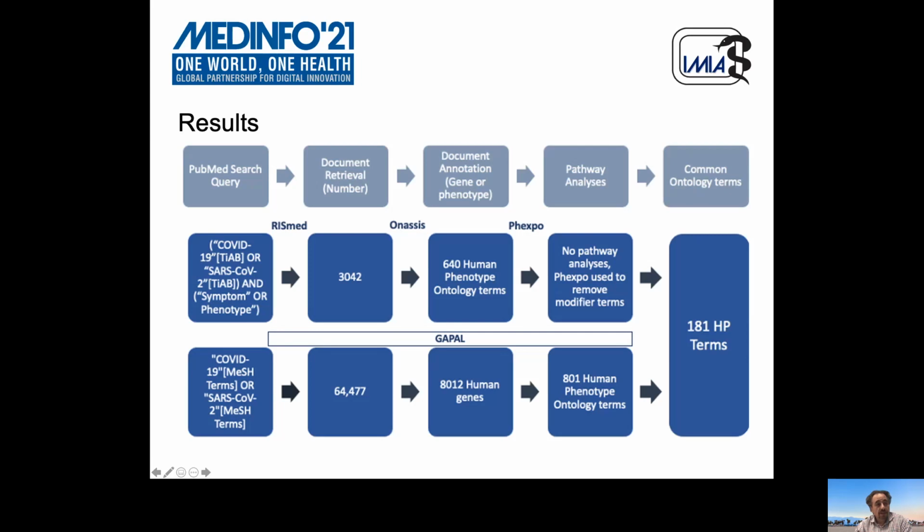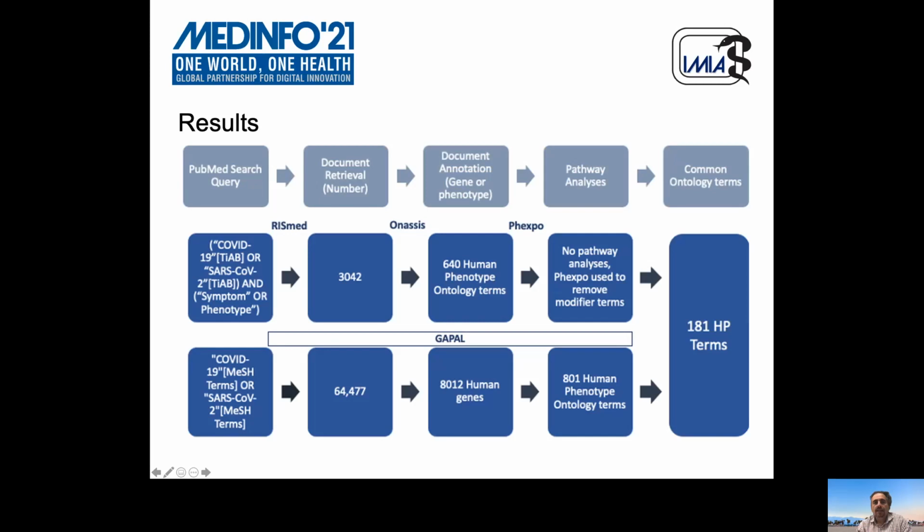The molecular inference process, as it was described previously, used a slightly different starting PubMed query that allowed us to identify 64,477 different documents. From those documents, we identified those that contain genes, and we limited the query to identify human genes, and this led to a list of 8,012 different human genes.